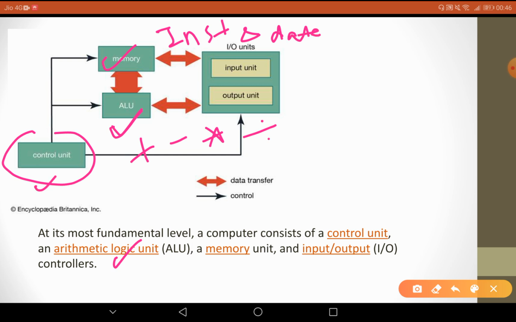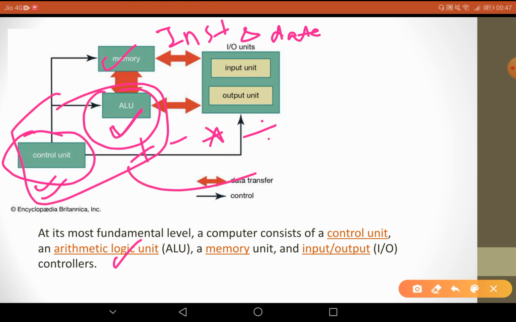The control unit fetches data and instructions from memory and uses operations of the ALU to carry out those instructions using that data. And one more important fact, that the control unit and ALU together are referred to as CPU, central processing unit.